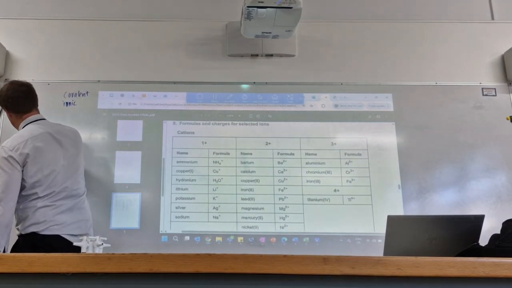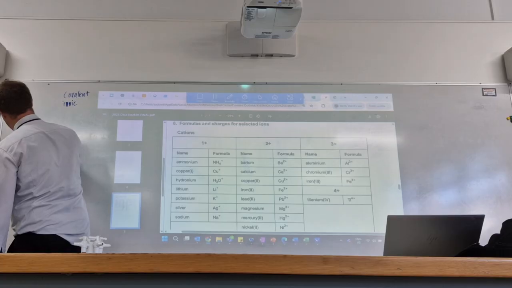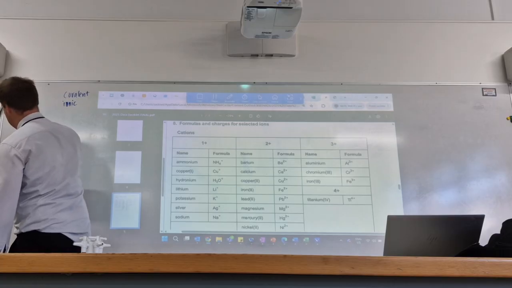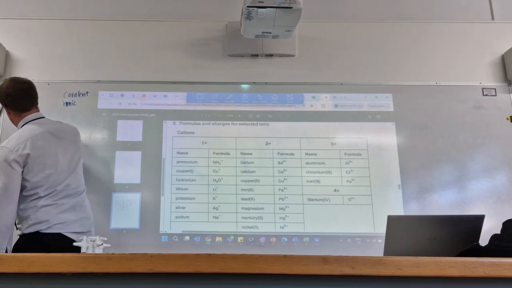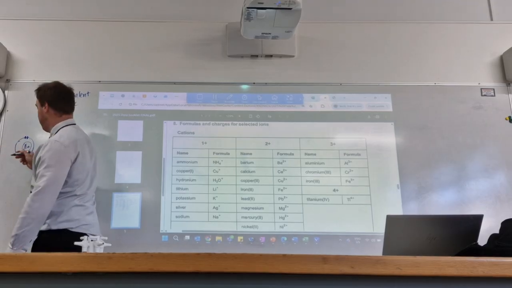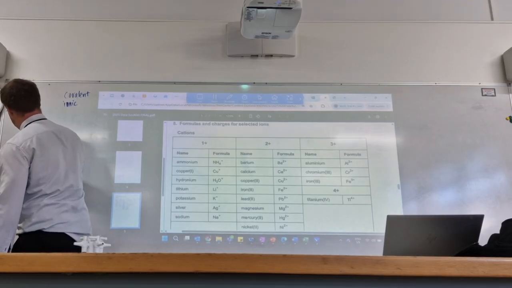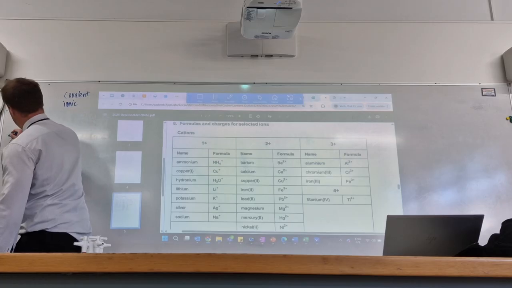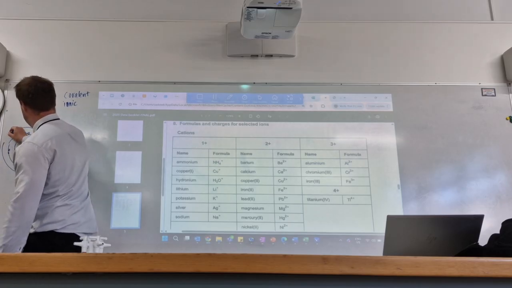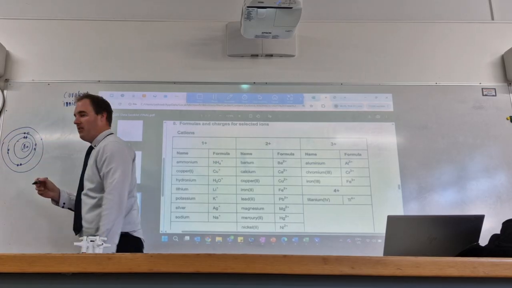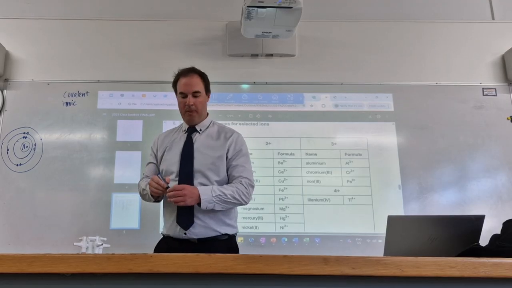So if we have sodium, so sodium has 11 electrons. 1, 2, that first shell is now full. 3, 4, 5, 6, 7, 8, 9, 10. And then we go into a third shell, and then there's one lonely electron in that third shell.